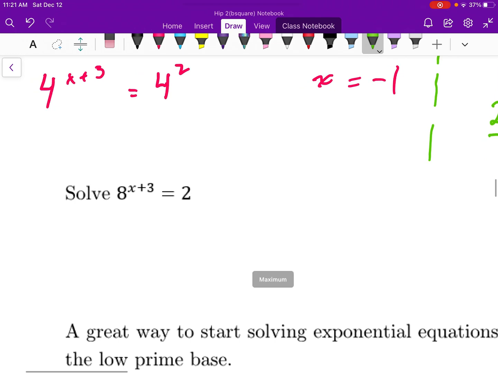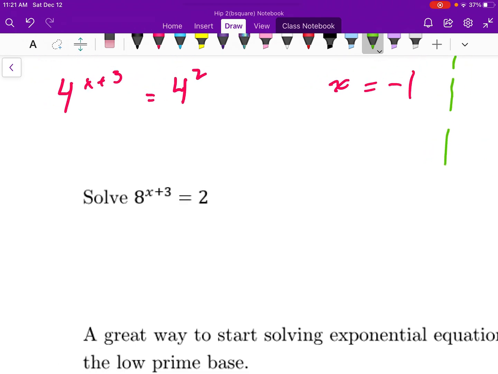Now let's look at another example. Here we have no choice but to reduce this to base 2, for I know that 8 is 2 to the power of 3. So I'm going to convert this to base 2. So 2 to the power of 3, which is 8, to the x plus 3, is equal to 2.